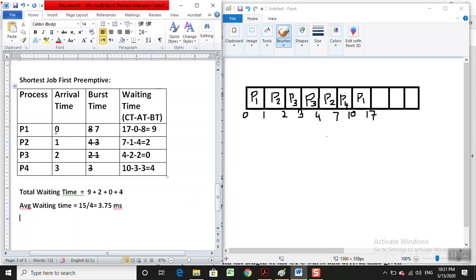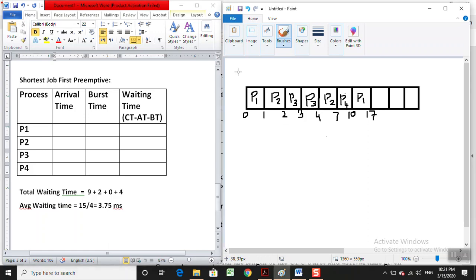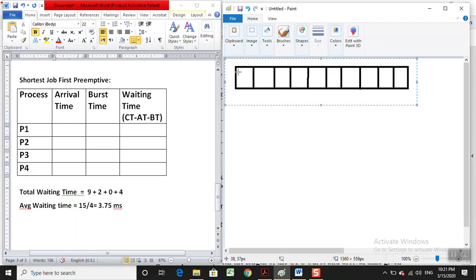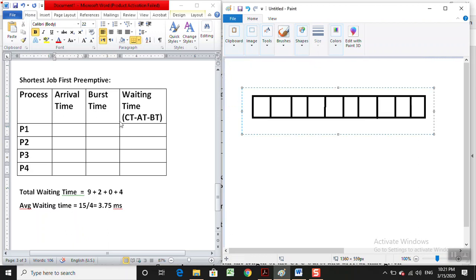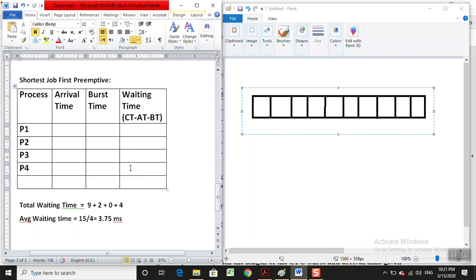Let us take another example now. Let us take it with 5 processes, and say they arrive at 1, 2, 3 or 4.